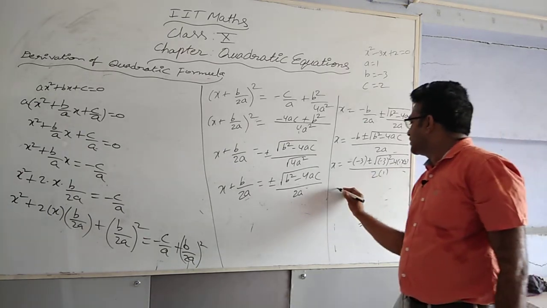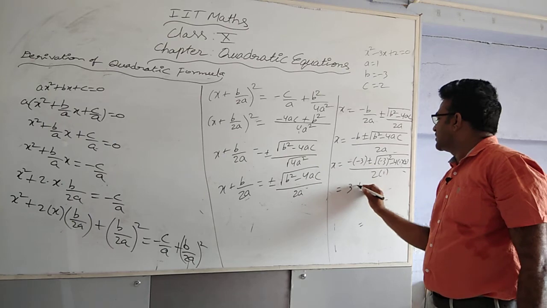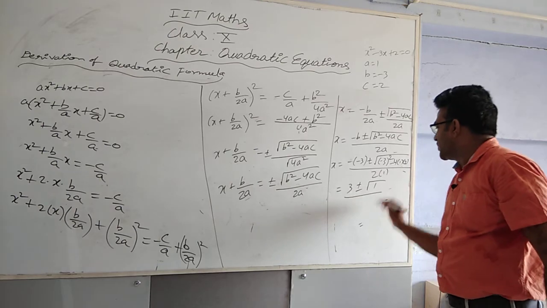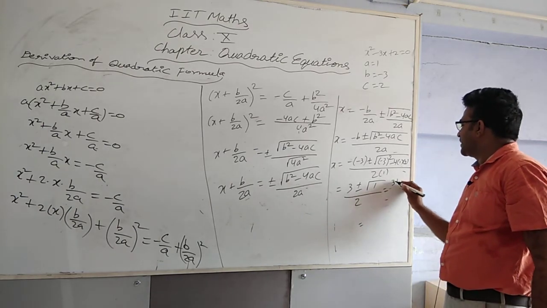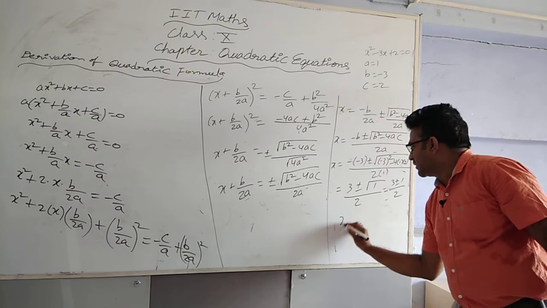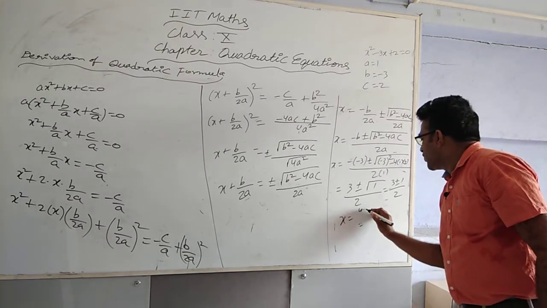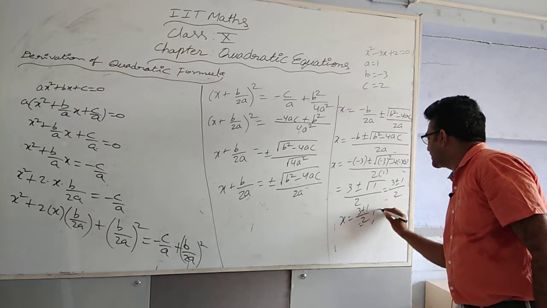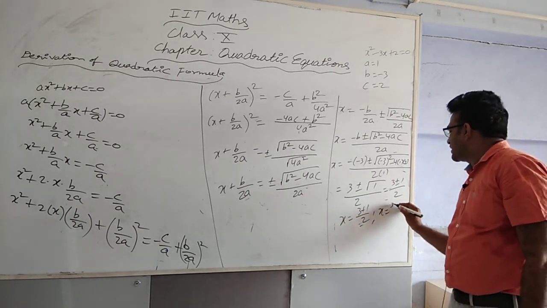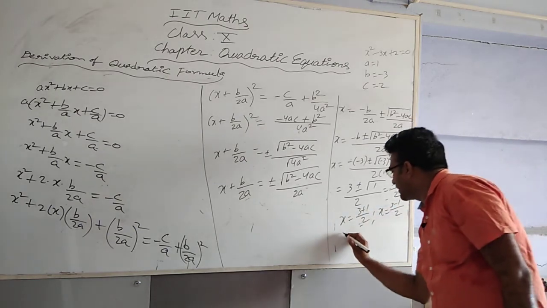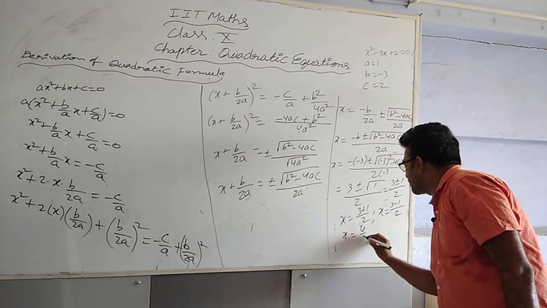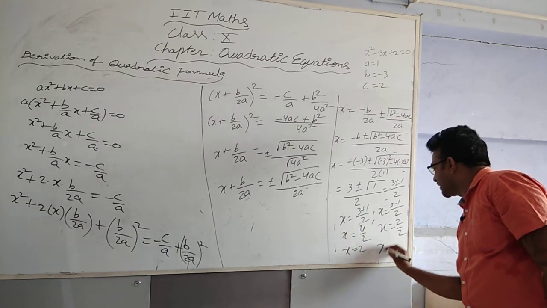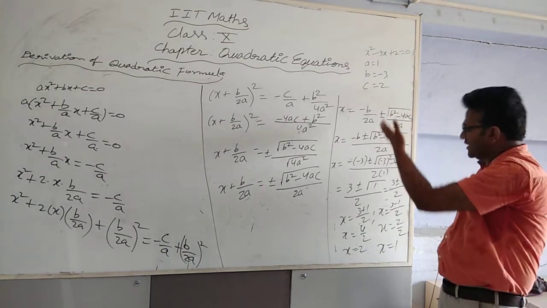Minus into minus is plus, 3 plus or minus root of 9 minus 8, 1, by 2. So finally 3 plus or minus 1 by 2. We get x equals 3 plus 1 by 2 and x equals 3 minus 1 by 2. x equals 4 by 2, then x equals 2. x equals 2 by 2, then x equals 1. By using the quadratic formula, we find the roots like this.